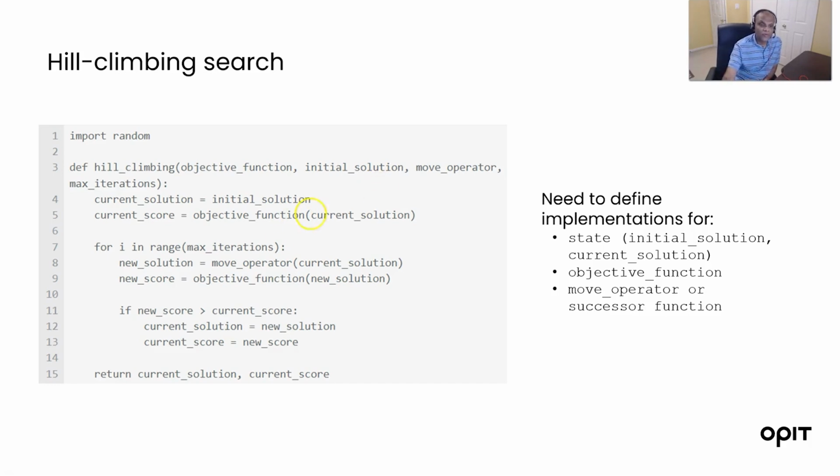And then you have to define this function called move operator, which is what we have called the successor function. It returns the neighboring state which has the highest value among the neighbors of the current state. So those have to be filled up, but this is hill climbing search in Python.